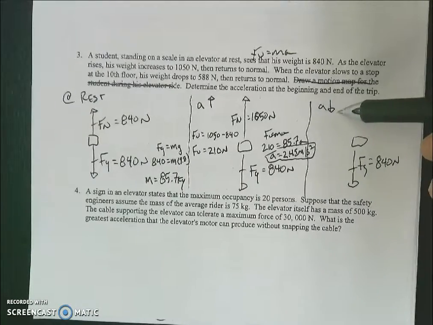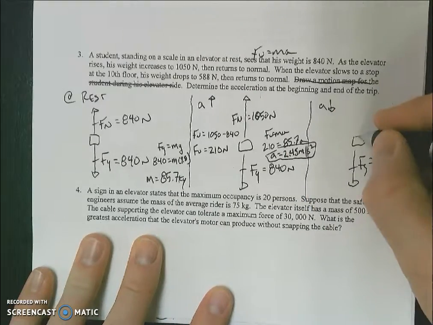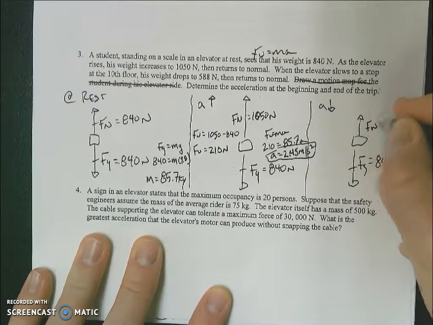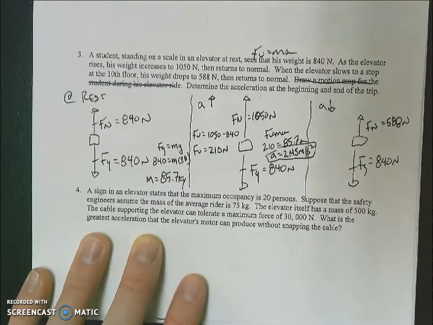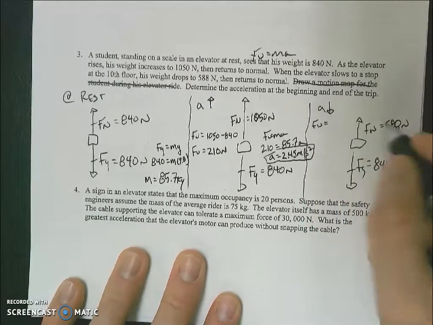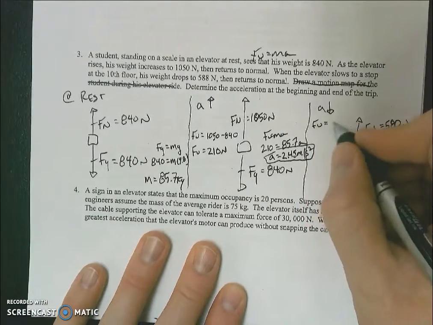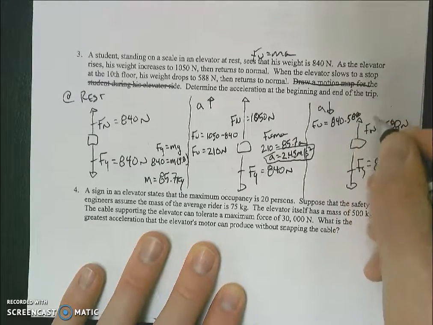Now, the last part, acceleration is downward. We know that he feels lighter, so his normal force is going to be lesser, and they tell us it's 588. Again, if I want to know the unbalanced force, it's going to be my downward force, the bigger one, 840, minus 588.